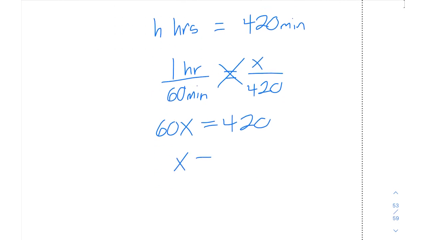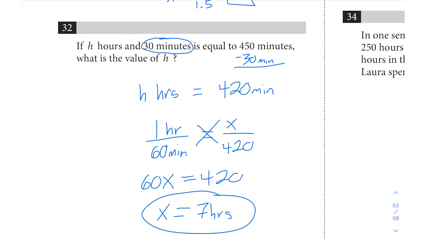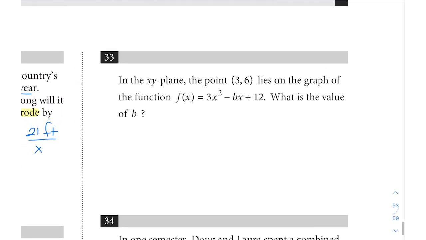And if it helps to think of that as cross multiplication, you can. 420 divided by 60 would give you 7 hours. But key factor there is right at the beginning. If they give you this extra little leftover amount, go ahead and account for that first so that you can just deal with nice whole number values for the number of hours that you're talking about.